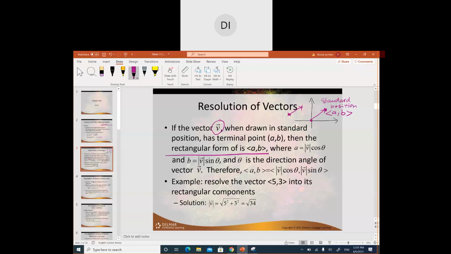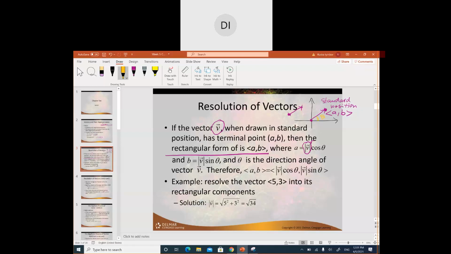But instead of r, this is called the magnitude of the vector. So A is r cosine theta, and B is r sine theta. Sine and cosine are again the functions from pre-calculus, okay? Where theta is the direction, so that's the angle. This is the angle here with the x-axis, this is the angle theta.